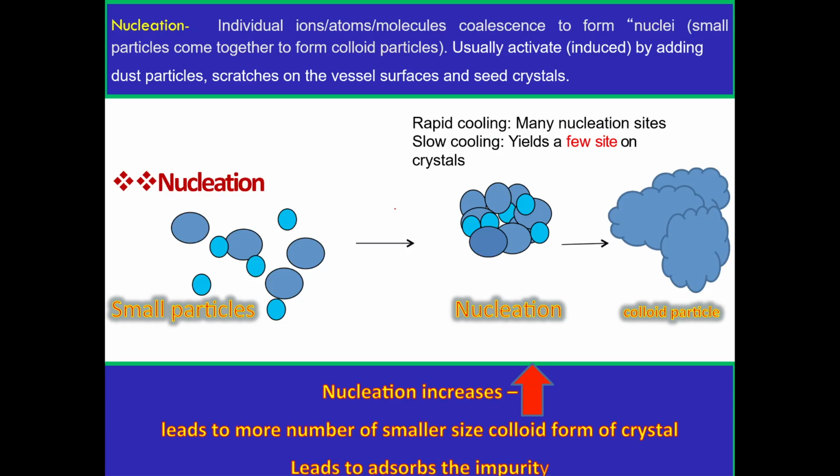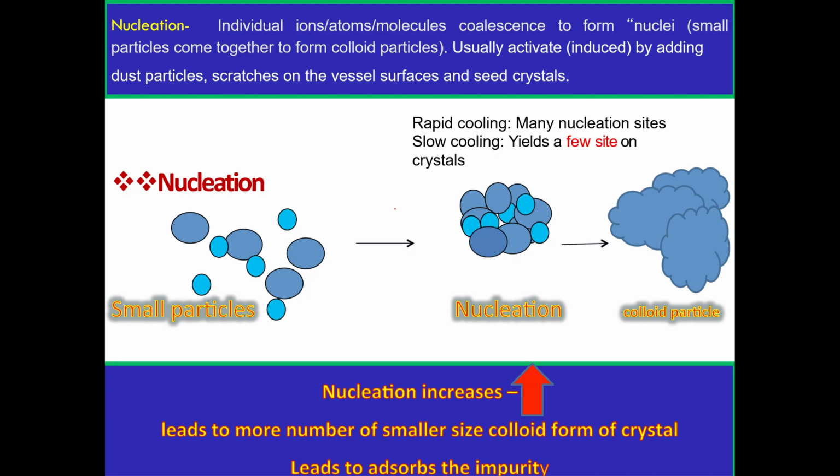So nucleation is individual ions, atoms, or molecules colliding to form nuclei. Nuclei, small particles, come together to form a colloid particle. So we need to avoid colloid particles. So we need to induce by adding dust particles, scratching the vessel surface, and also by using seed crystals.